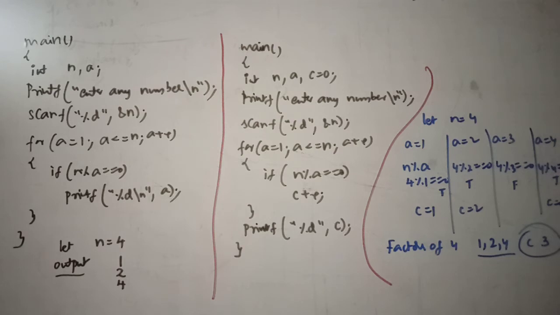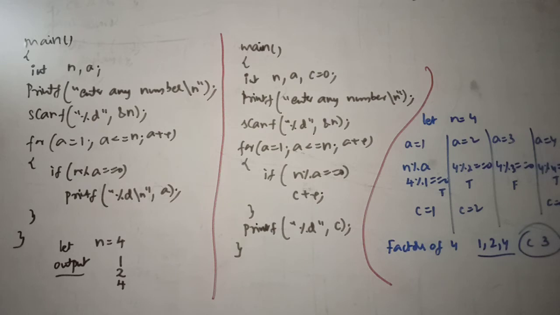N is 4. 4 is divisible by 1, 4 is divisible by 2 and 4 is divisible by 4. So factors of any number, n mod a equal to 0. N is 4, a is 1, 4 mod 1, a is 2, 4 mod 2, a is 3, 4 mod 3 and a is 4, 4 mod 4.